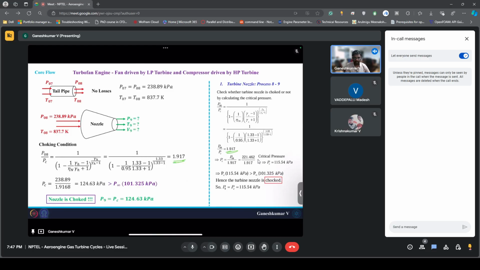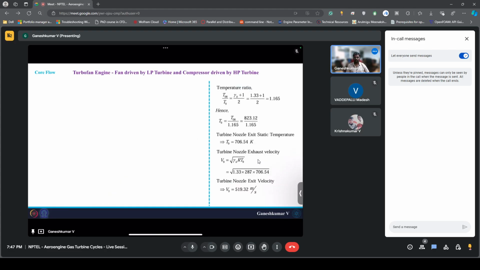Basically you have pressure at the exit of the nozzle, the static pressure P9, which will be 124.63 kilopascal, which is actually higher than configuration 1, which was 115.54 kilopascal.